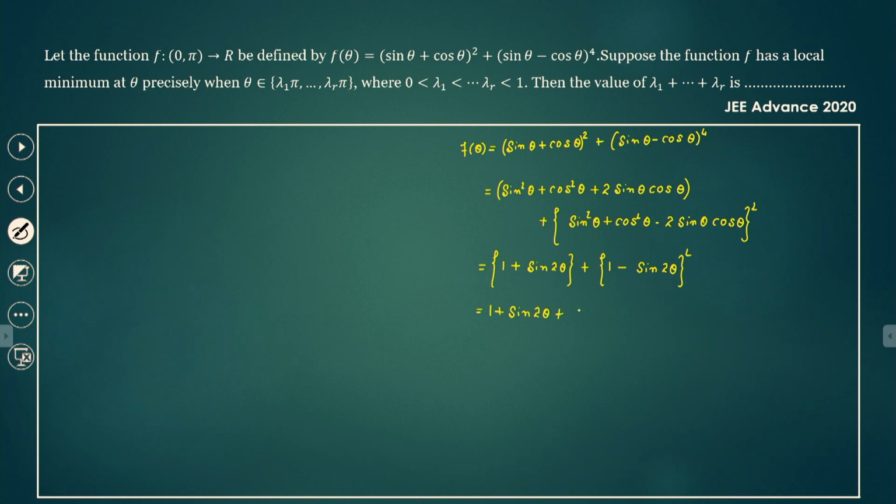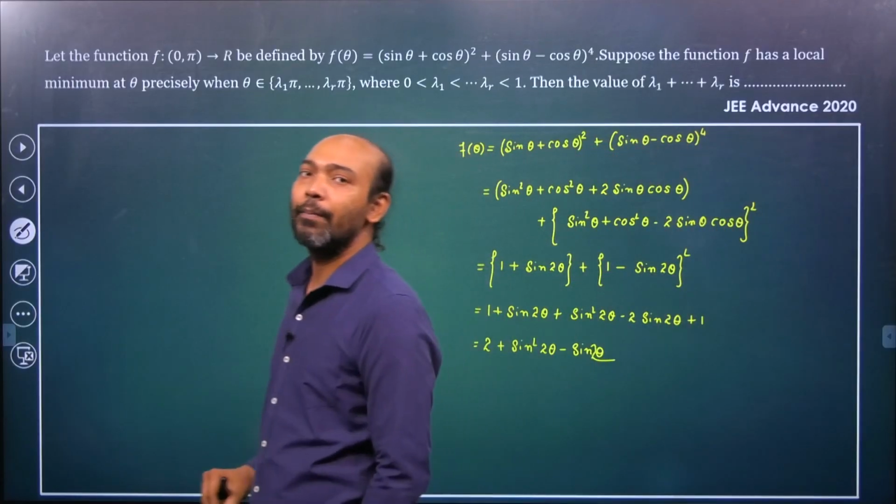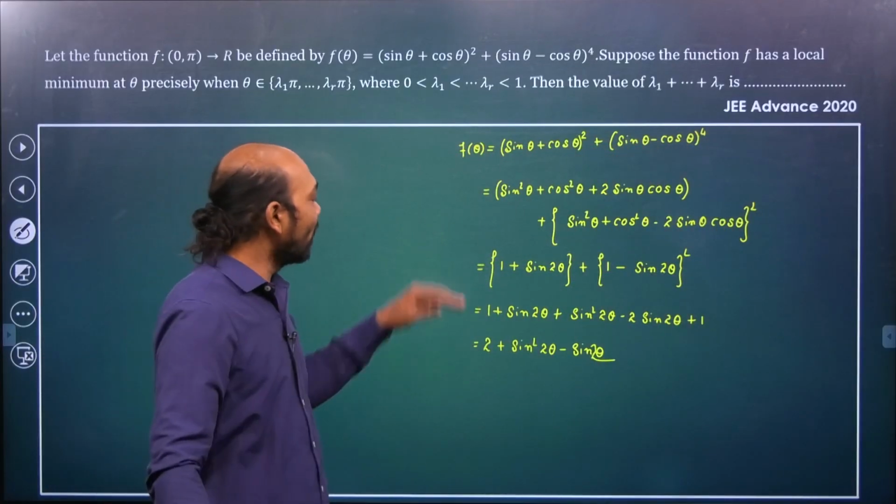That gives sine square 2 theta minus 2 sine 2 theta plus 1. So we'll get 2 plus sine square 2 theta minus sine 2 theta, and that's it.